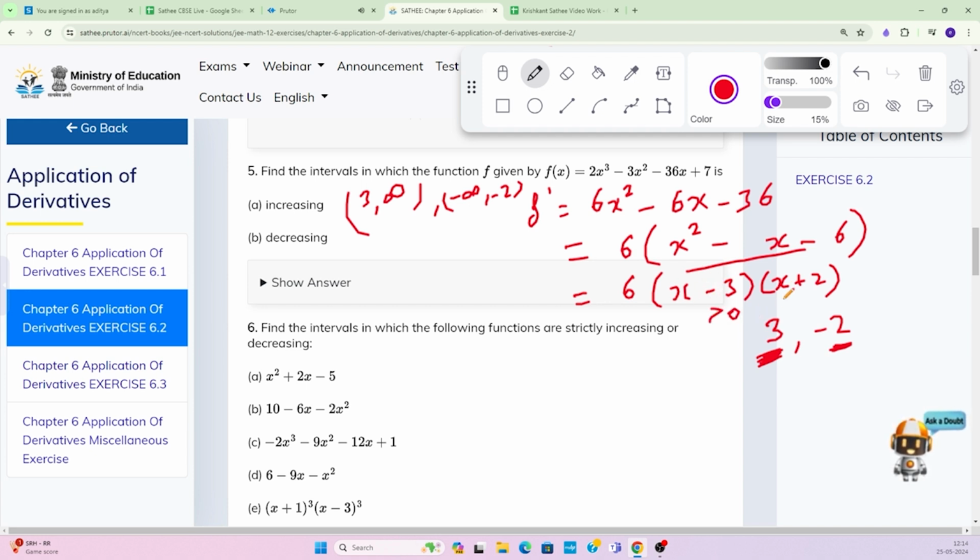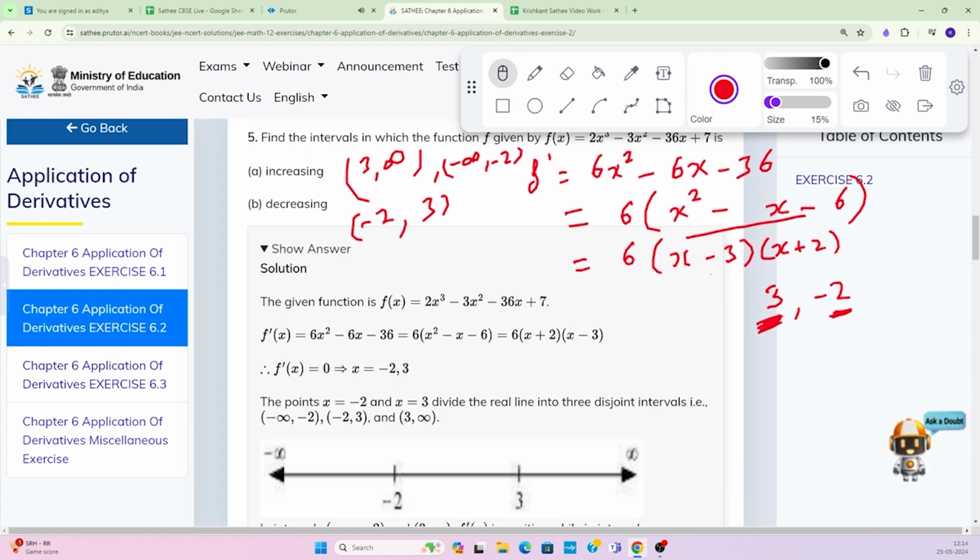Put any number less than minus 2, both will be negative, and the product will become positive. So f prime is positive in both cases, and in the remaining interval, minus 2 to 3, it will be decreasing.